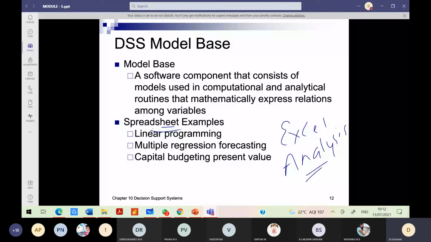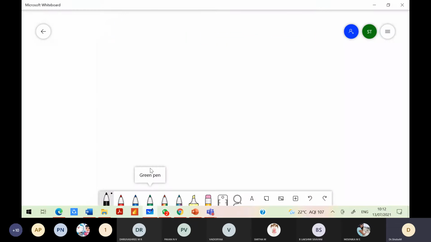Okay, now can anyone tell what is linear programming? Any idea what is linear programming? Heard of linear programming? In your design and analysis of algorithms, you learned a few optimization problems, correct? You remember? Optimization problems?